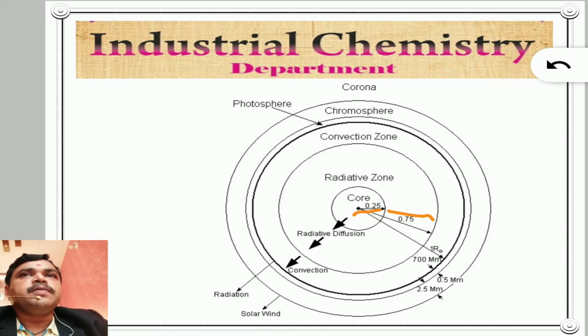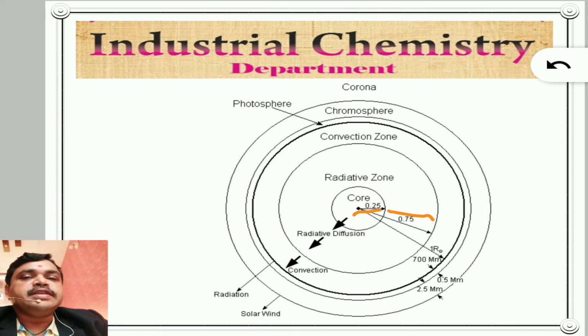The amount of energy intercepted by Earth is about 17 × 10^18 kilowatt, which is only a tiny fraction of the total energy released by the conversion of 4 million tons of hydrogen per second to helium in the Sun.